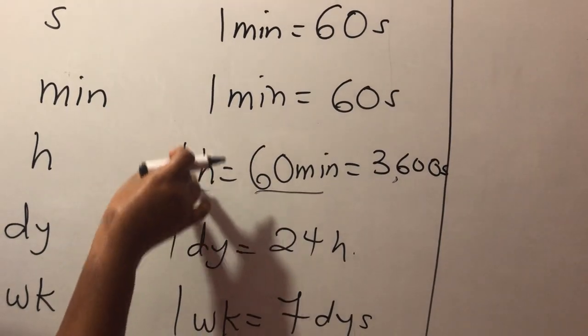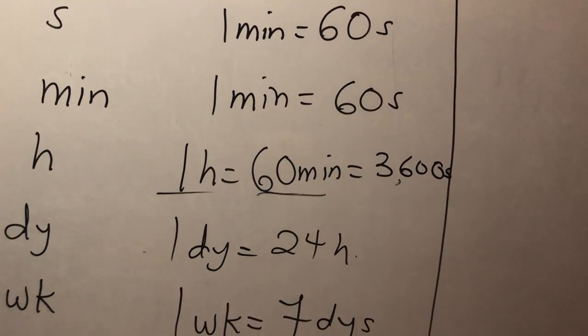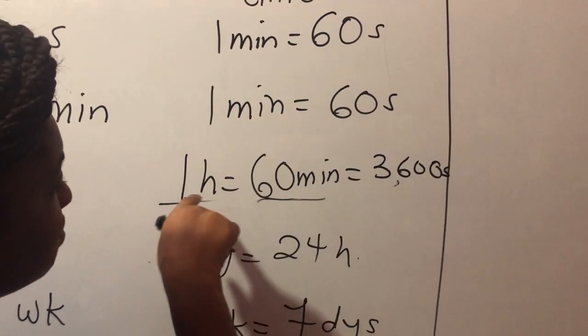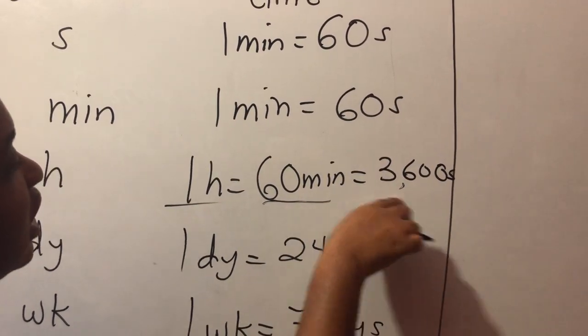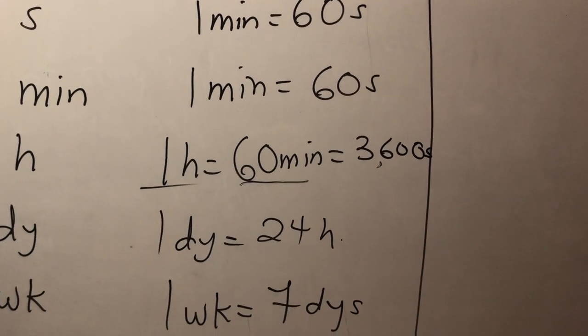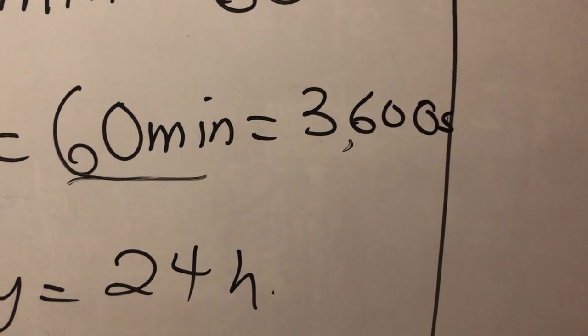So if you want to convert 1 hour to minutes, you are having 60 minutes. But if you want to convert 1 hour to seconds, then you are having 3,600 seconds.